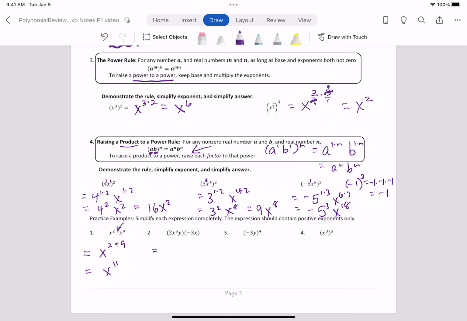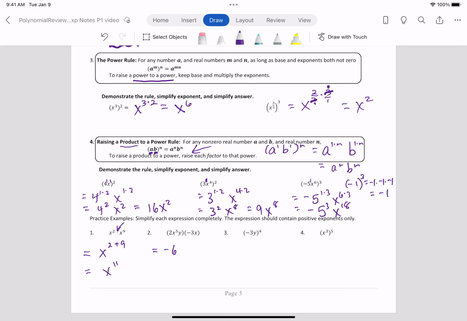For the next problem, we have coefficients 2, negative 3. We have variable x and a variable y. So basically we just look at them separately. I know that 2 times negative 3 is negative 6.